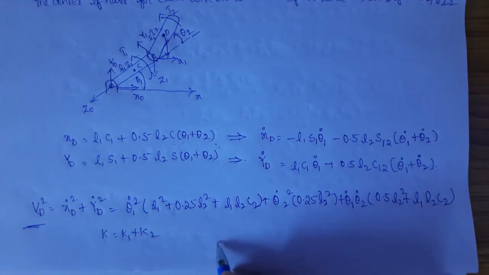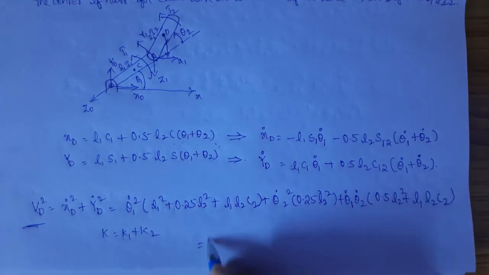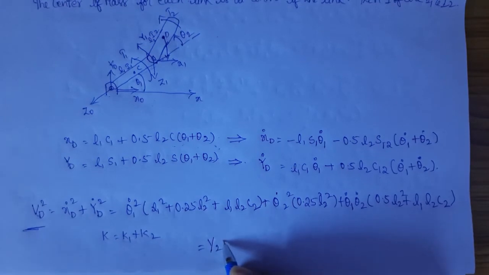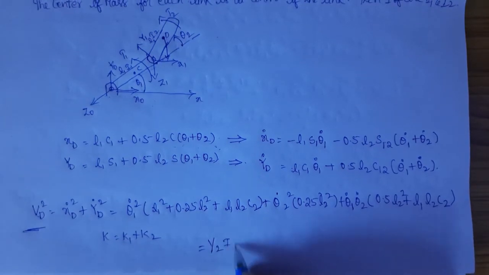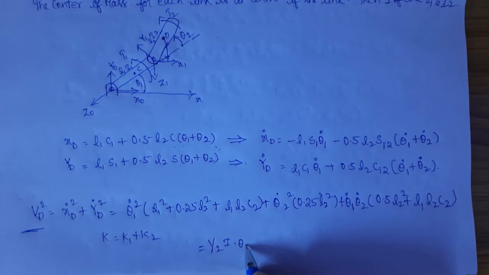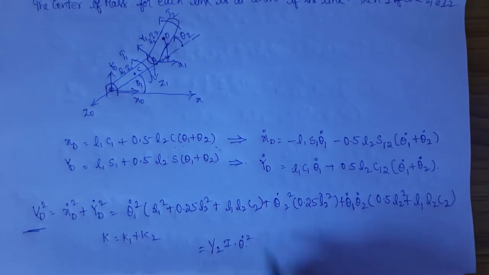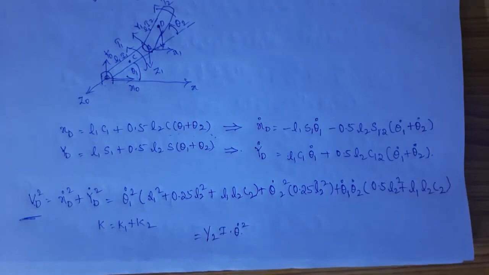So K1 is equal to half inertia into theta dot square. That will give you the kinetic energy here.